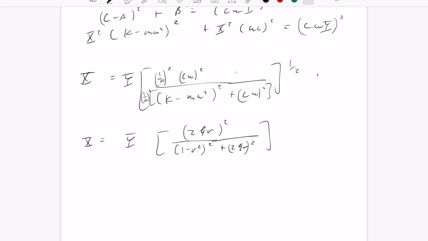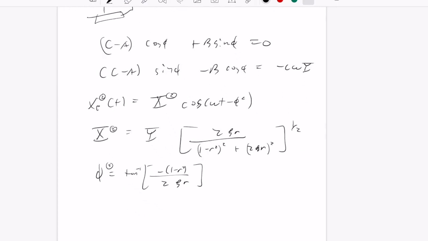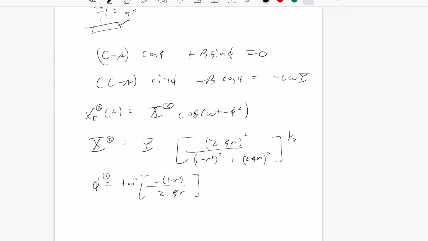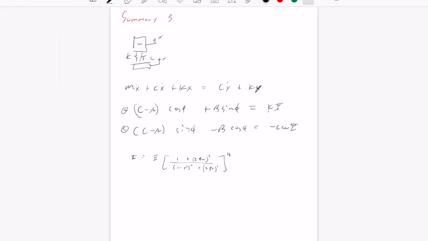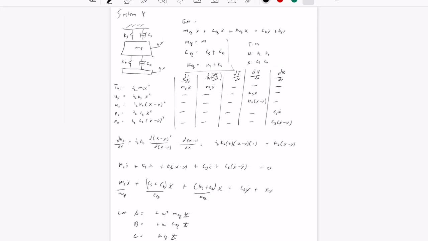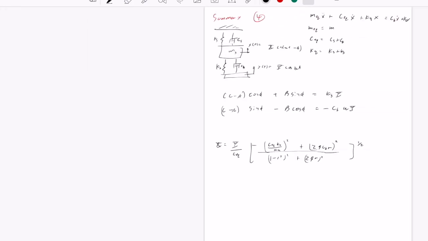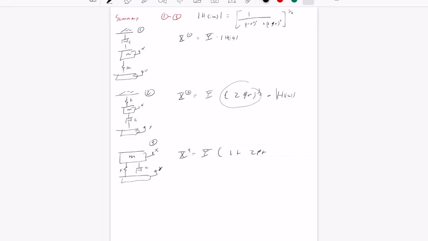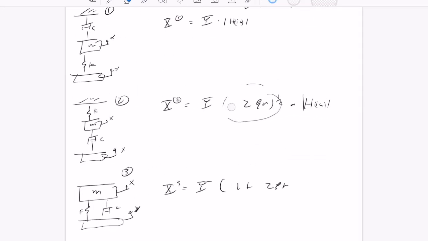Yep, that's squared, and that should have a 1/2. Sorry about that typo there. That means, there we go.